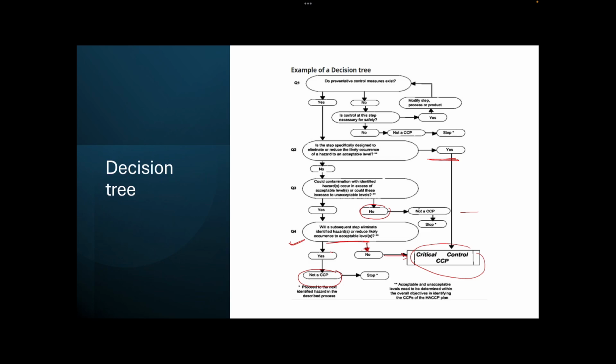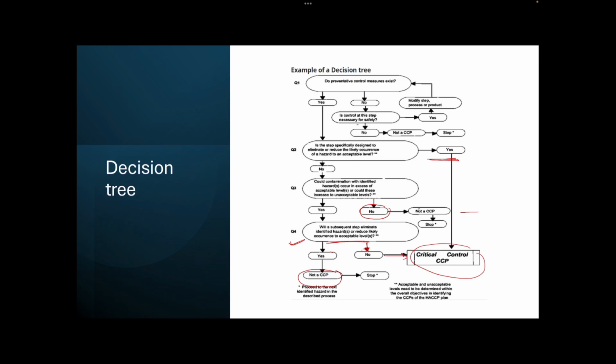If the answer to the first question, do preventive control measures exist? Let's say, do we have an X-ray, a metal detector? No. Is control at this step necessary for safety? And you say, oh yeah, there could be metal in the food and that could be hazardous.